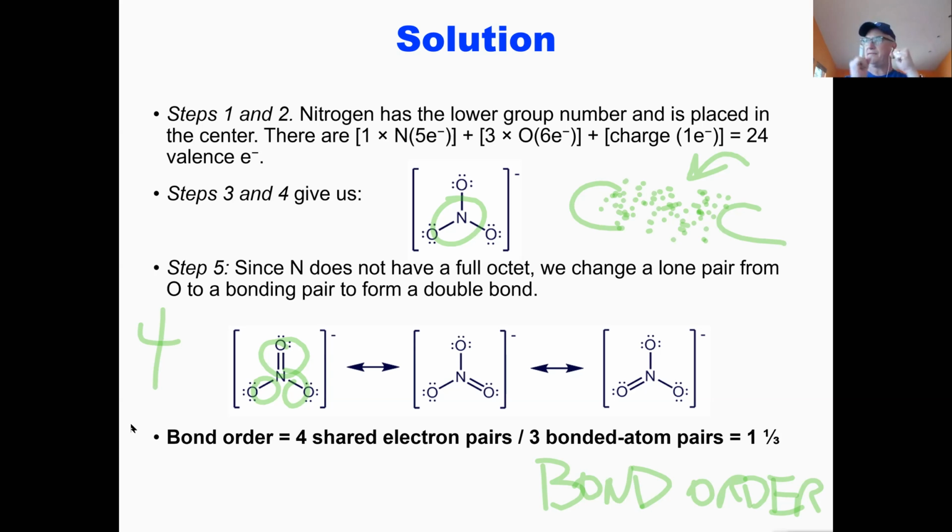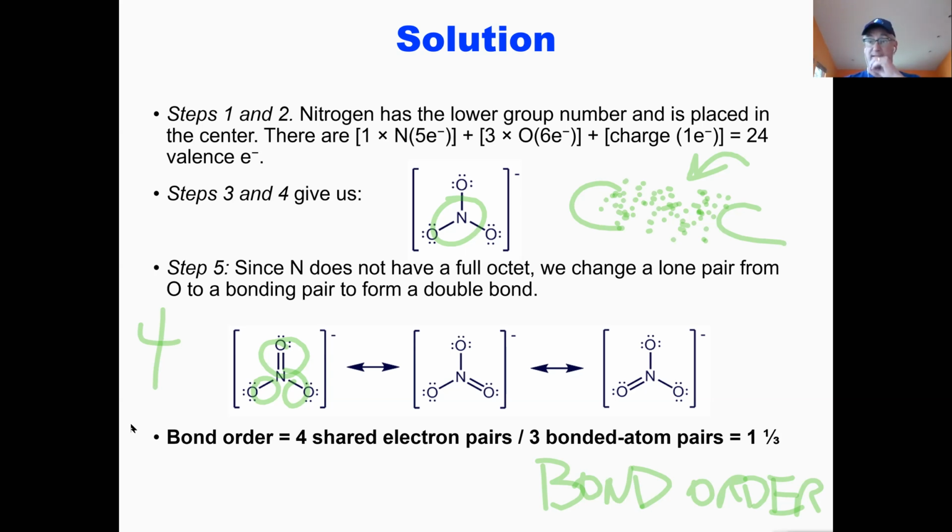Anytime you have more electrons in one place than another place, that sets up a dynamic distribution. There's going to be some movement back and forth. If it's evenly distributed all the way around, that's much more chill. And that is true here. We have an even distribution of electrons all the way around the nitrogen.